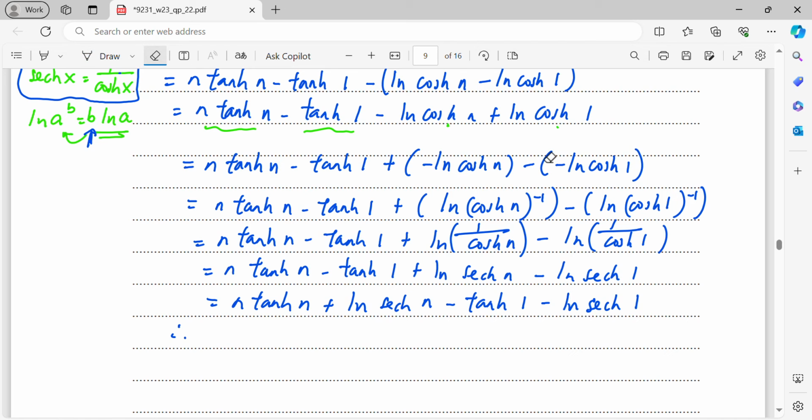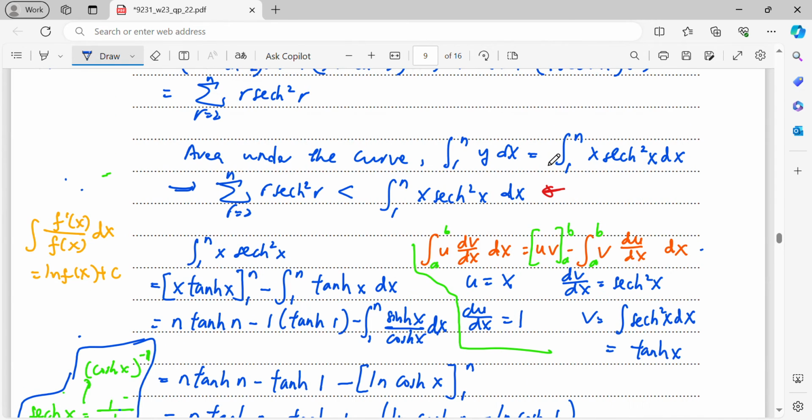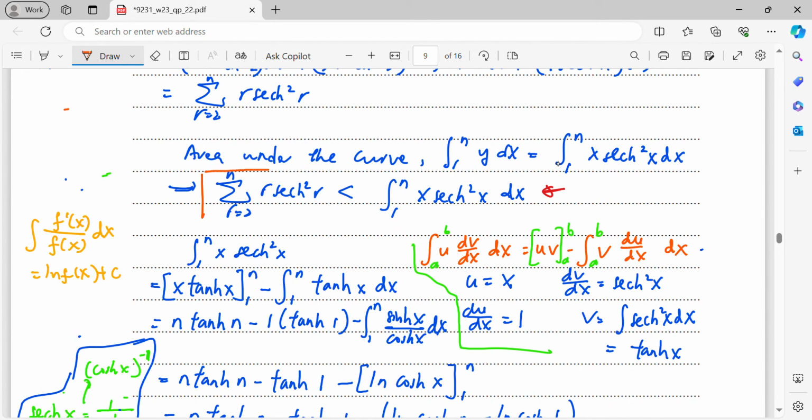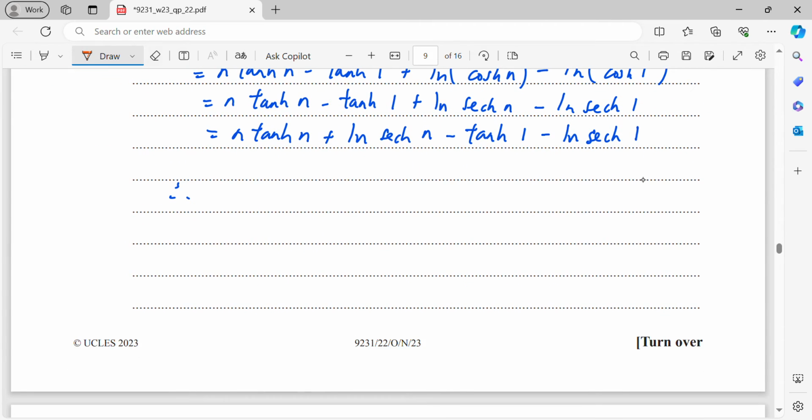Okay, so at last, because we know that the area, the total area of the rectangles is less than the integration. Okay, therefore, you just write here summation r secant squared r from 2 to n is less than all these 4 terms.